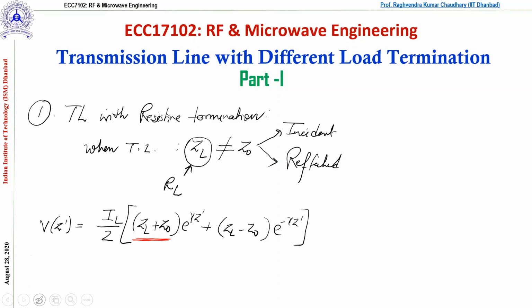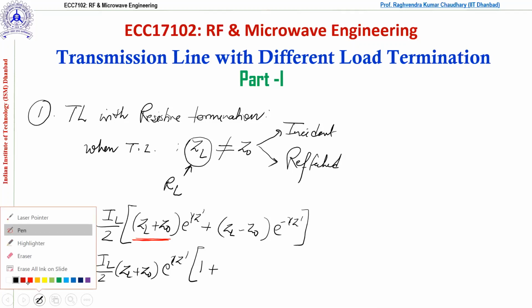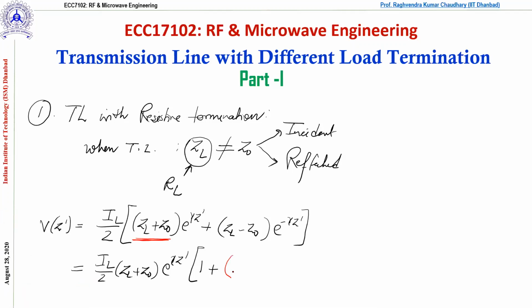So in that case, you can write it like this: IL by 2 (ZL plus Z naught) e to the power gamma z', and in bracket you have 1 plus a very important term here, which is (ZL minus Z naught) divided by (ZL plus Z naught).